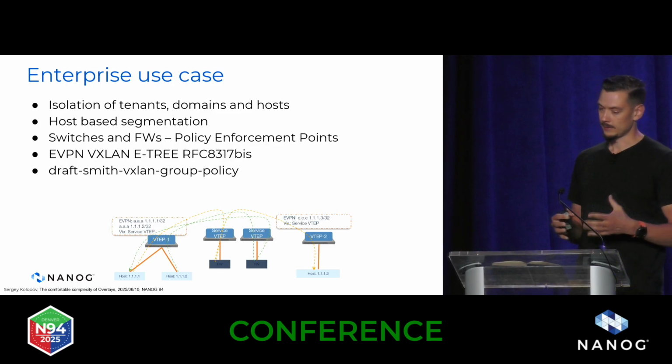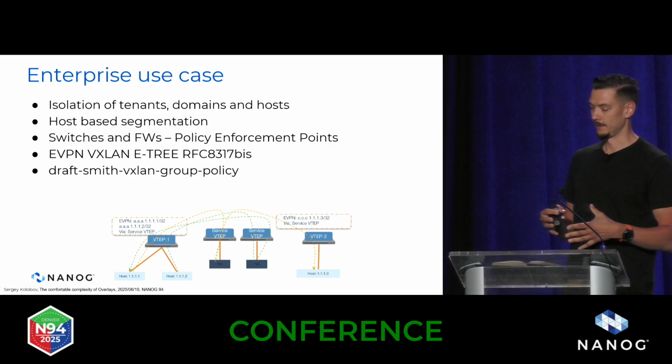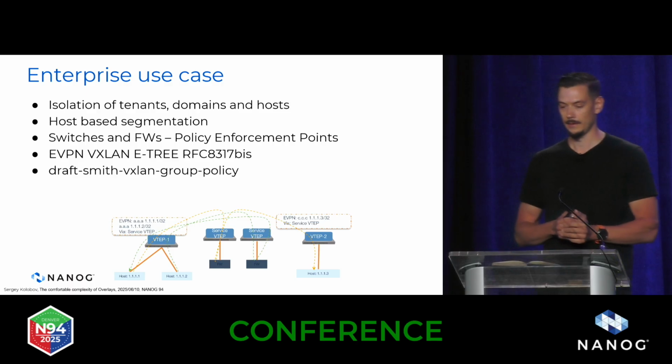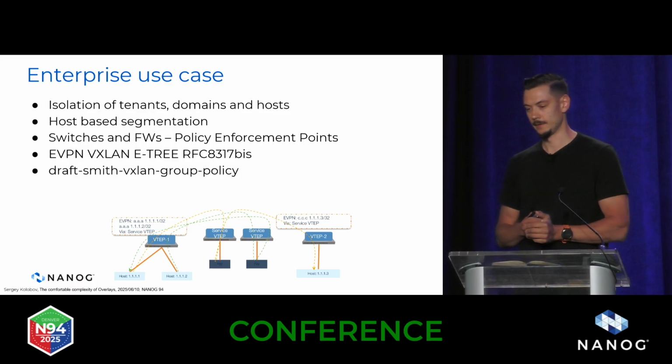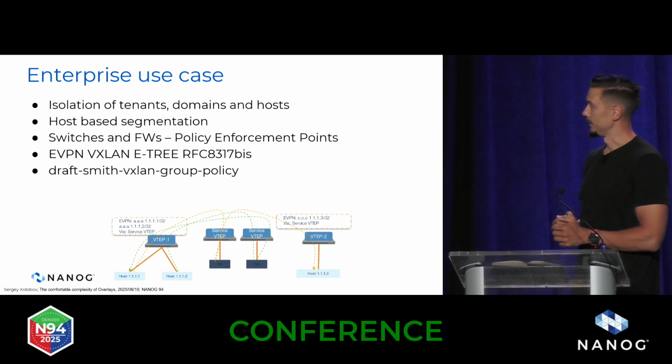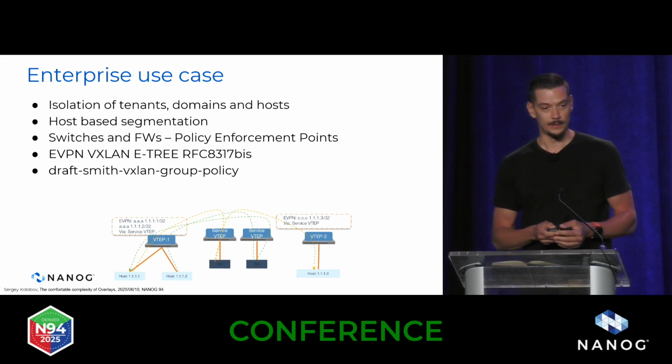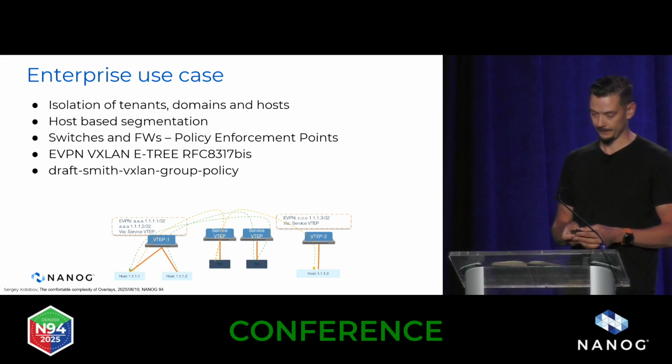So centralized observation and logging of all the data movement in the enterprise network is more of a norm. This is where EVPN VXLAN with the VXLAN group policy extension provides a very good solution as well.